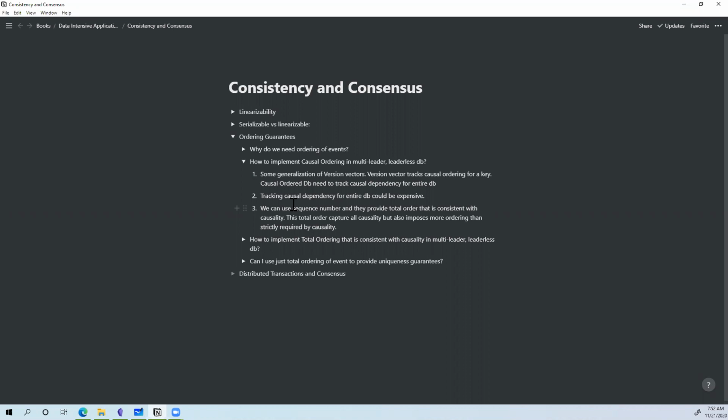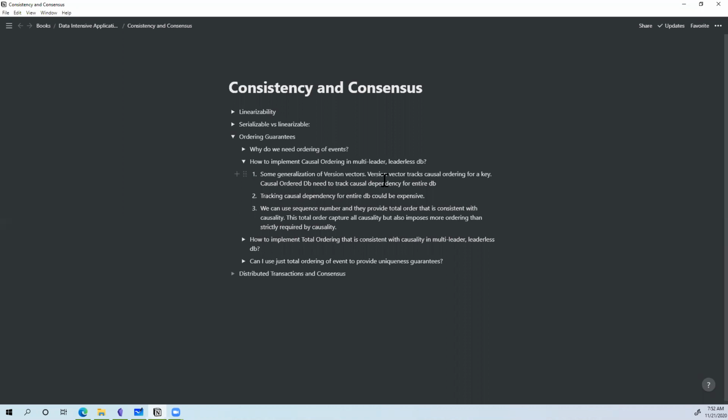For a particular key we maintain a version, and the vector means that for each of the replicas we maintain a version. So in each of the nodes we keep a version vector, which is the version of that key in that node and the version of the key as seen by this node in all other nodes. So that was the version vector.